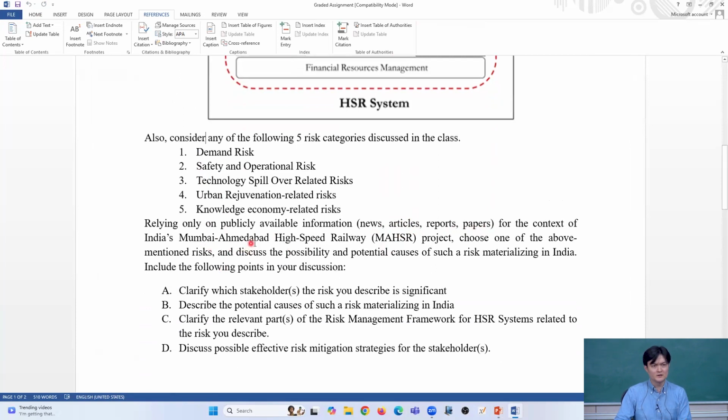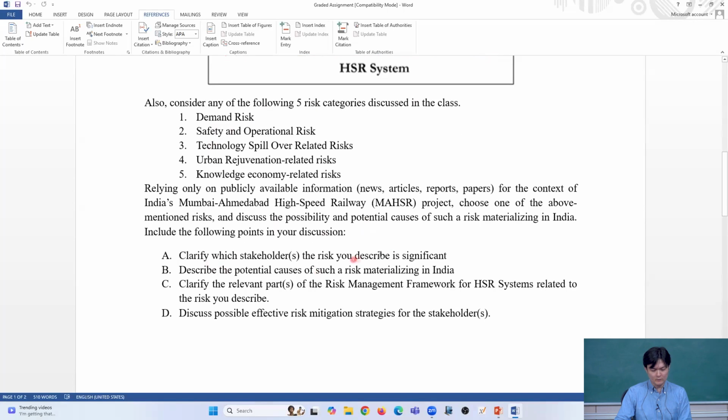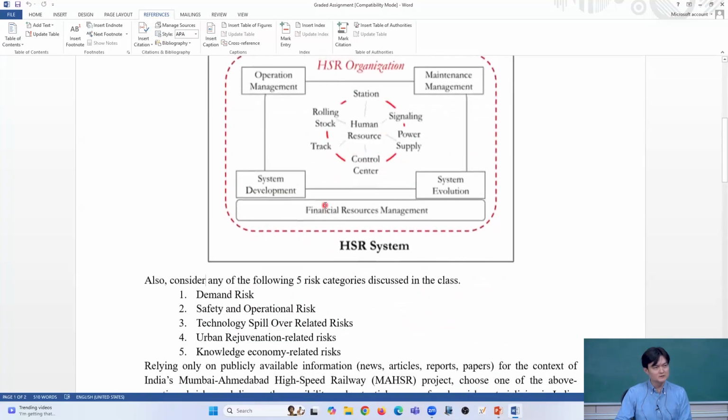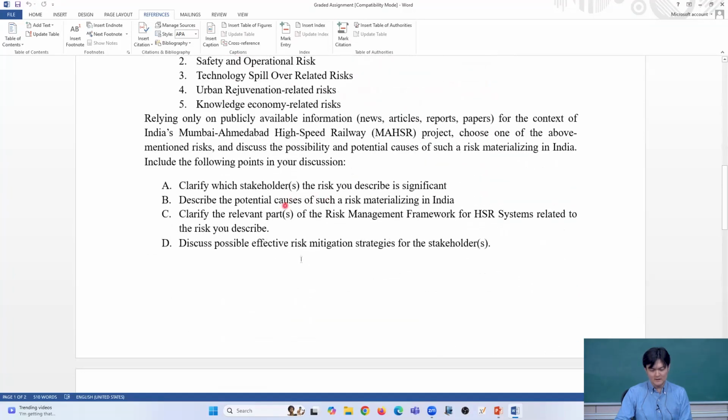There's lots of news out there, lots of stories, and then use that to help you inform, okay, this risk is maybe relevant for us. And discuss the possibility and causes of the risk happening. So clarify which stakeholder the risk you describe is significant for, describe the causes of the risk, the potential causes. Clarify which part of this system is relevant to the risk you're talking about, and then discuss possible effective risk mitigation strategies. Okay, so that's it.